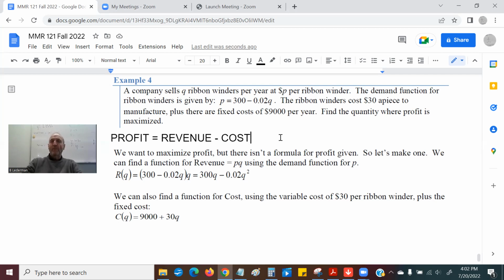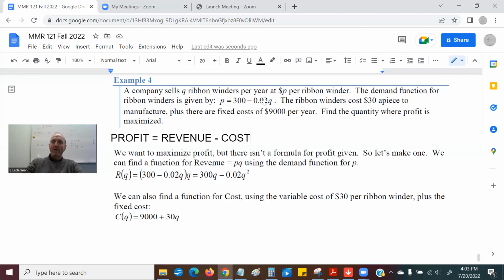Okay, so we could find the function for revenue because revenue is PQ. Remember, we saw this in the last problem, small p is the price and Q is the quantity. So the revenue for a given quantity is going to be PQ, but p is equal to 300 minus 0.02 Q. How do I know that?